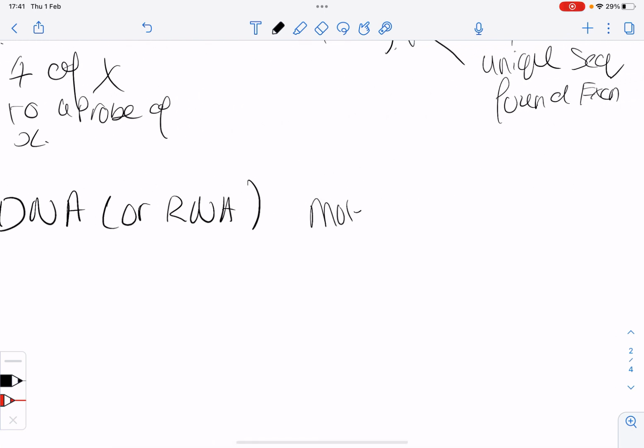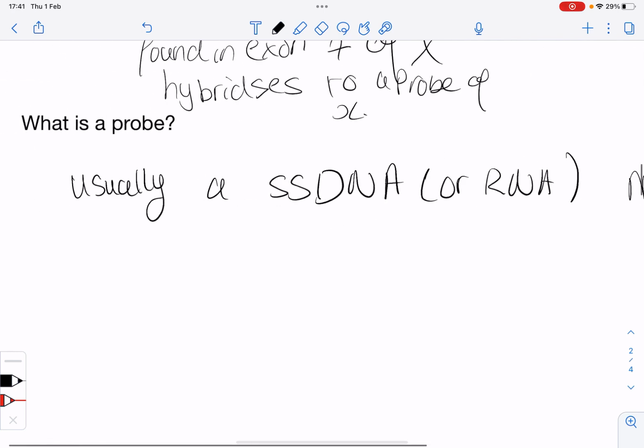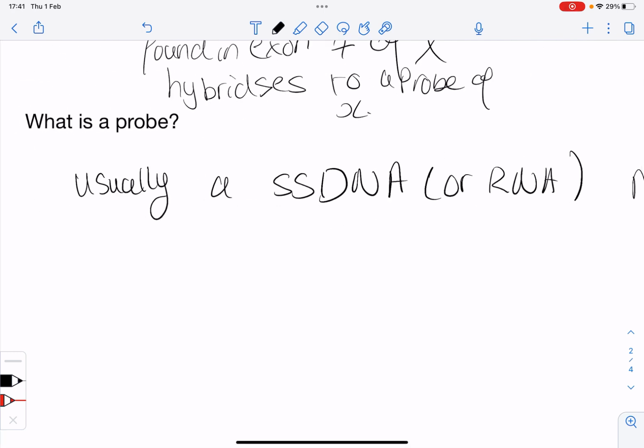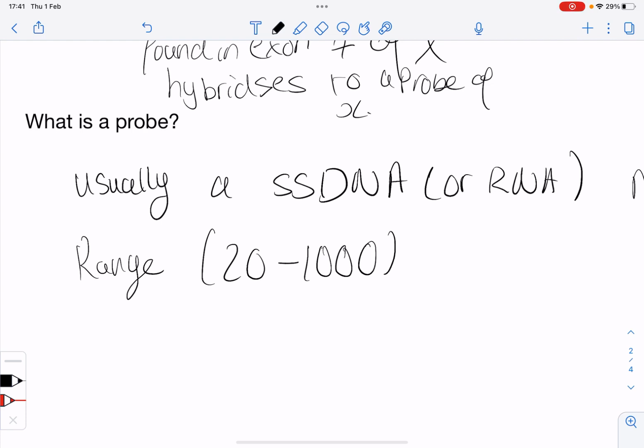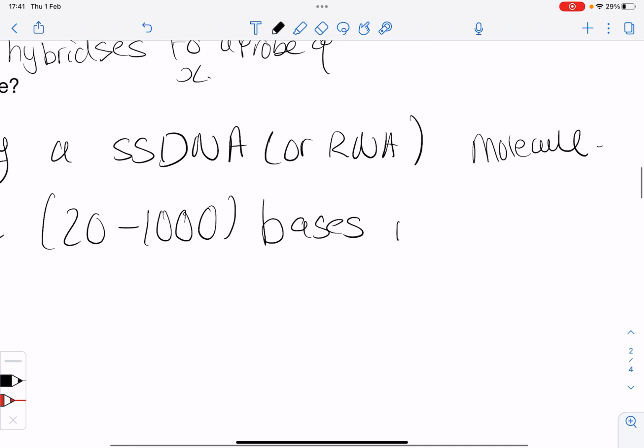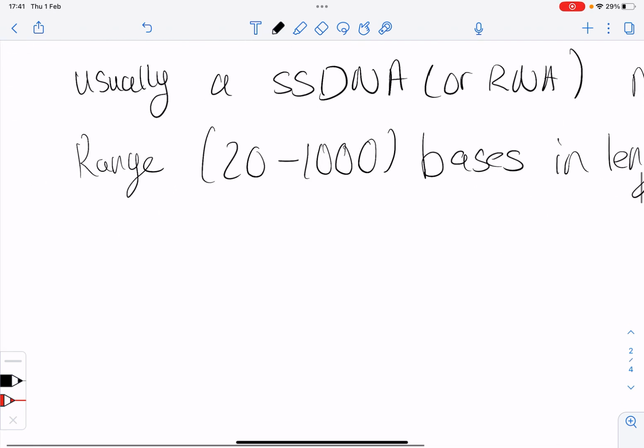It's typically in a range of 20 to 1,000 bases in length. And this is obviously labeled with a fluorescent or luminescent molecule.